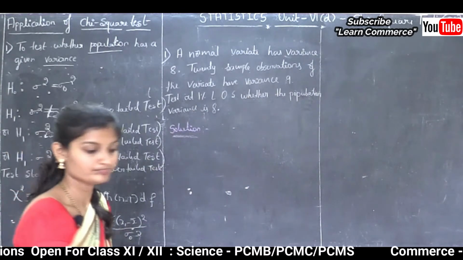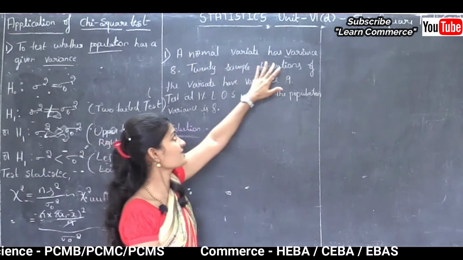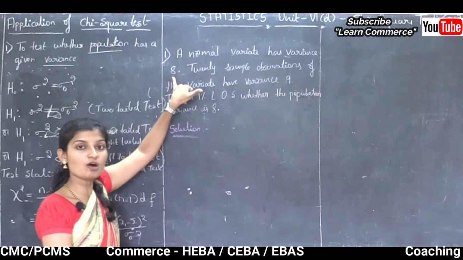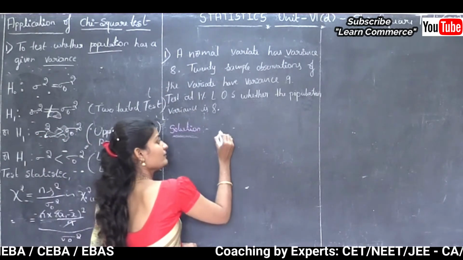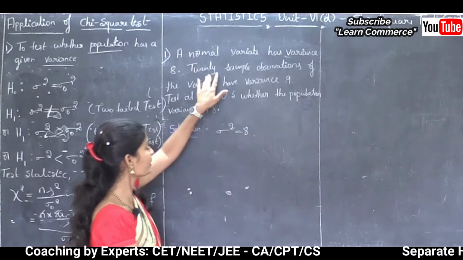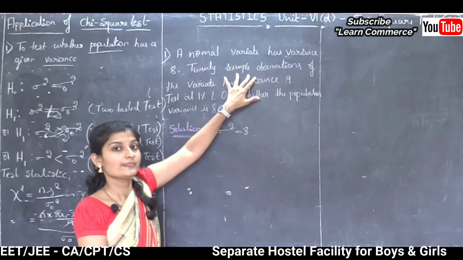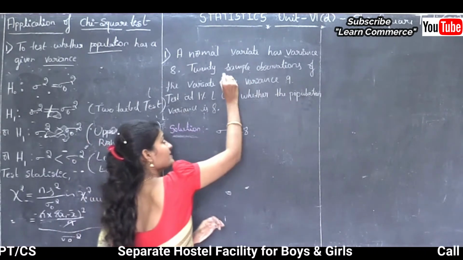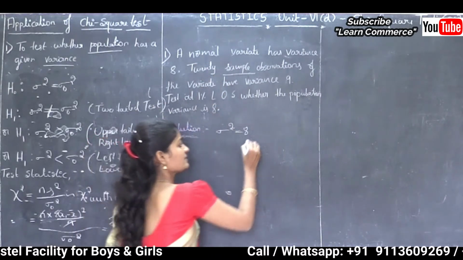See here, given observations: a normal variate has variance 8, in the sense this is the population variance. So the population variance is denoted by sigma square, which is 8. And next, 20 sample observations of the variate. 20 sample in the sense what? That is the sample size. So the sample size is 20.